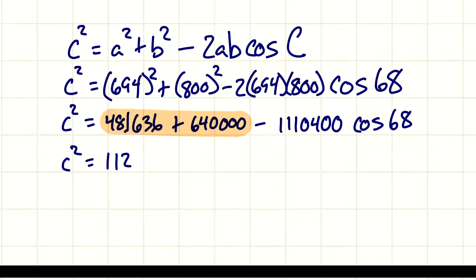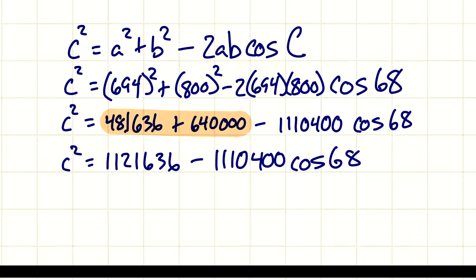We're looking at 481,636 plus 640,000, I think this is it. So 1,121,636. Okay. Minus 1,110,400. All right. Big numbers. And then to get our answer for C, we would have to take the square root of all that.